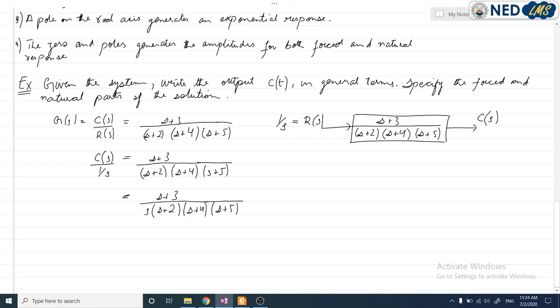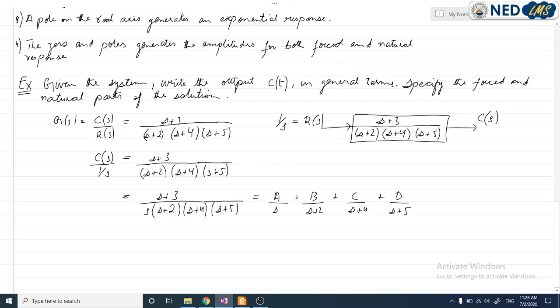So we have to find our output response in time domain. For that we have to take the partial fraction here: A over s, B upon s plus 2, C upon s plus 4, and our last term will be D upon s plus 5.